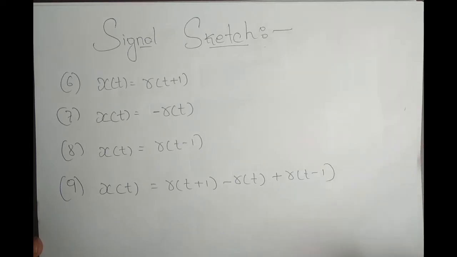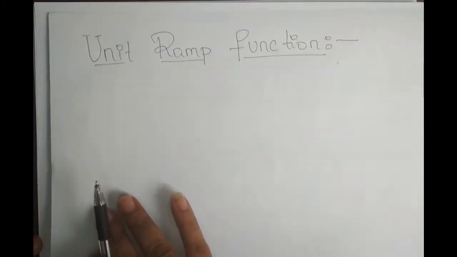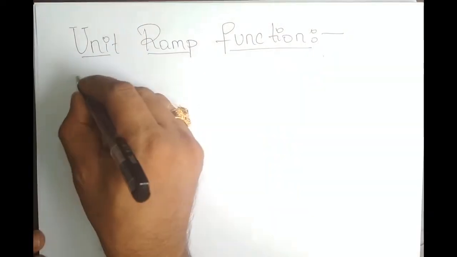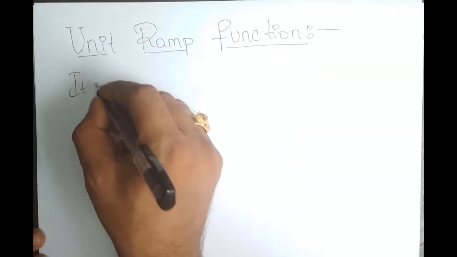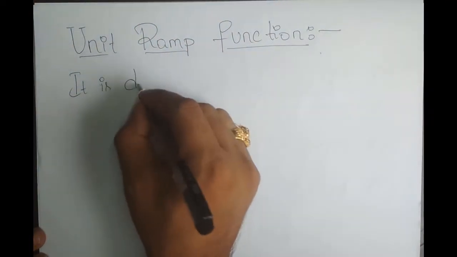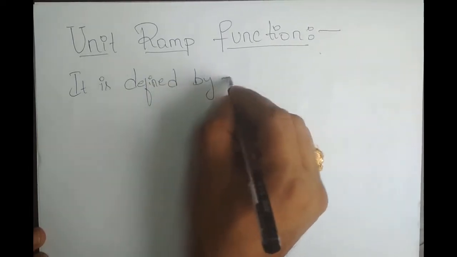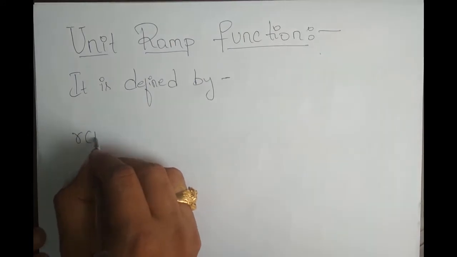Okay. Now before we take up the problem, we shall discuss unit ramp function. So it is defined by r of t, small letter r of t.